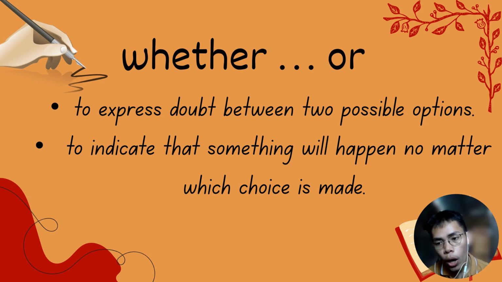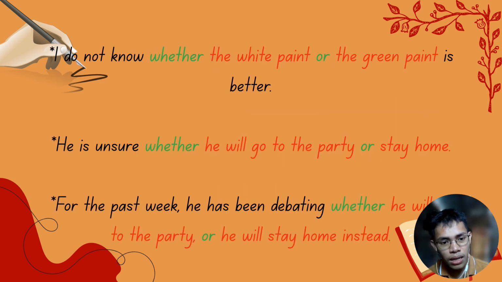Next slide. When we want to express doubt or uncertainty between two possible options, we use the correlative conjunction whether or. Take note that whether has the same meaning as if. In this regard, for instance, I do not know whether the white paint or the green paint is better.